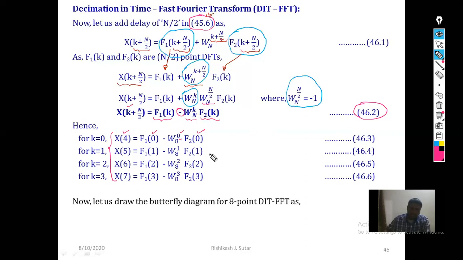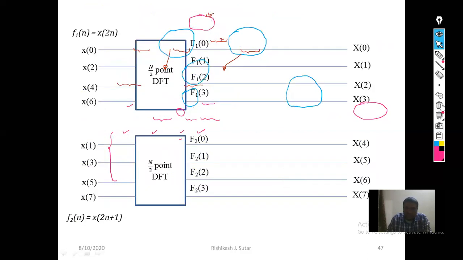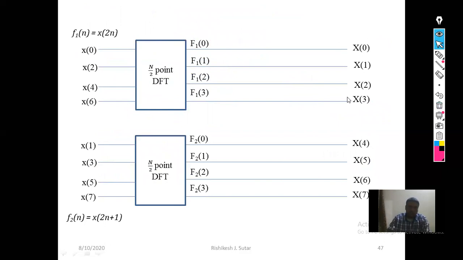Let us try to draw the butterfly diagram. So let us go into the next slide and let us try to draw it. Let us delete all the annotations.